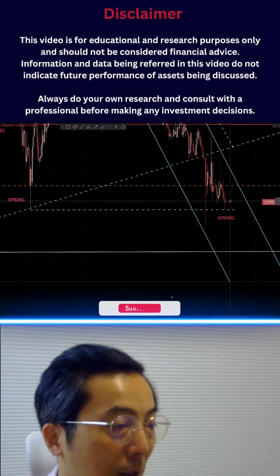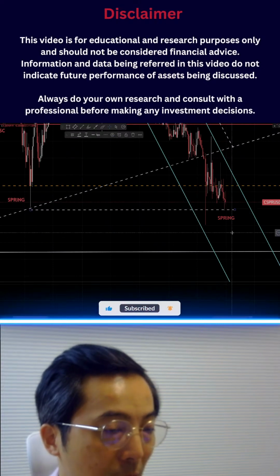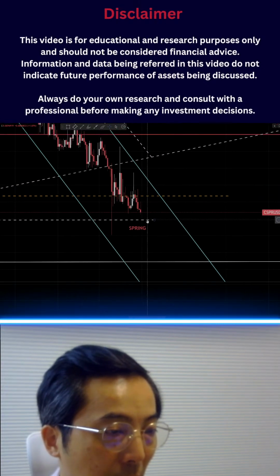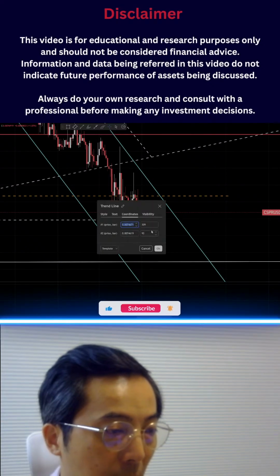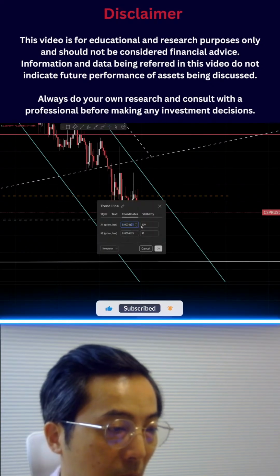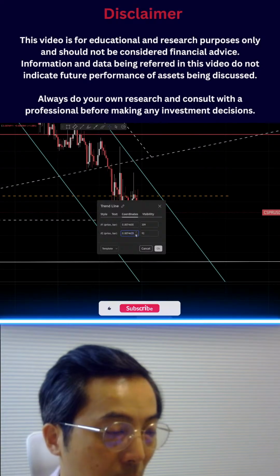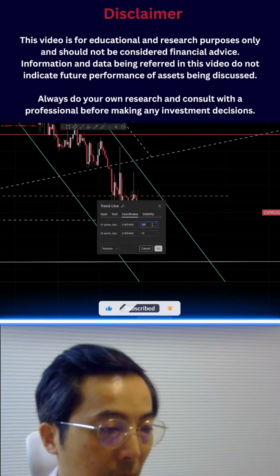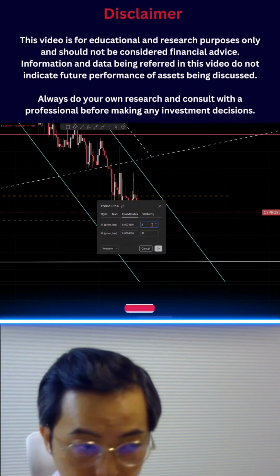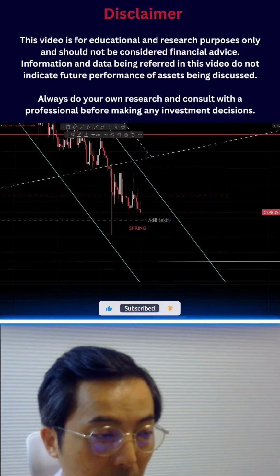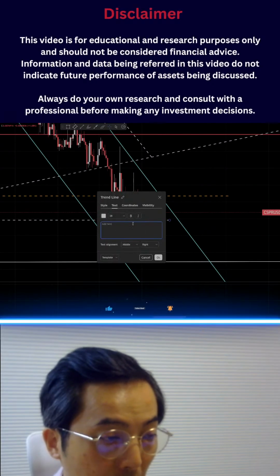If this line holds and eventually the price breaks outside of that area, let's align the two readings and extend the line a little bit further so it cuts across the channel ceiling.